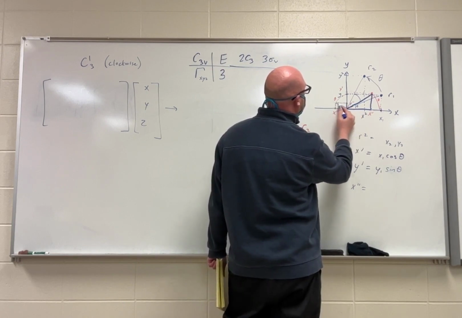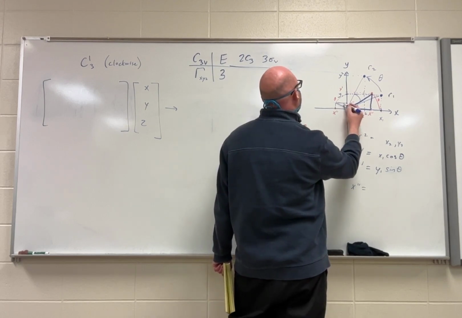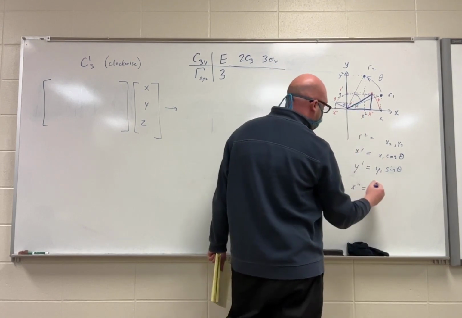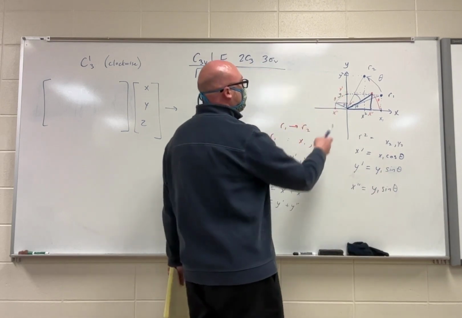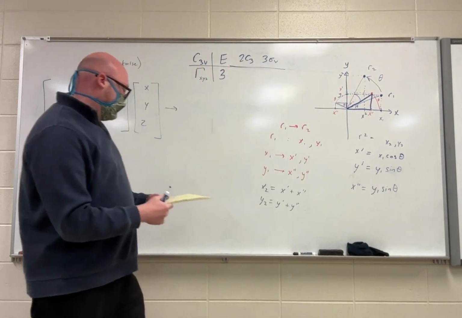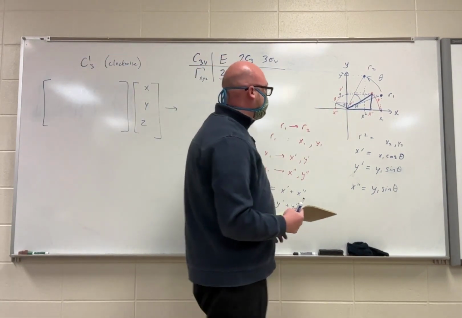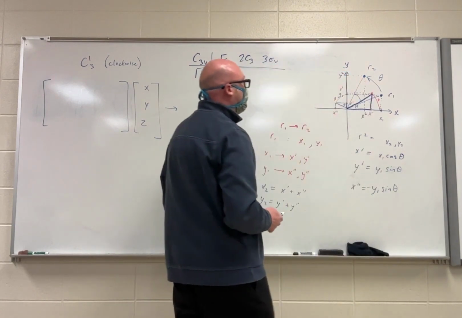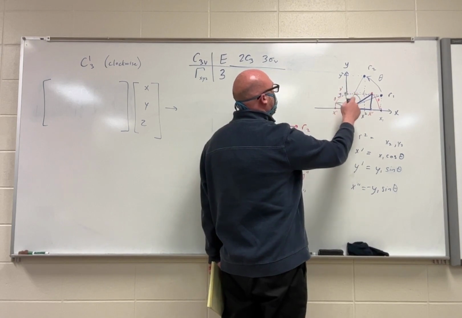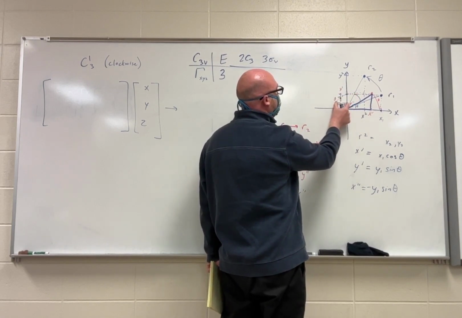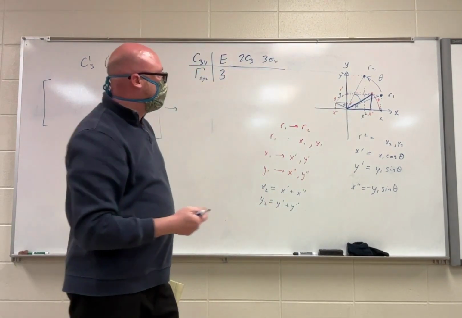And then I need to know this distance here, which is the same as this. So the x component is, if this is theta, then I need the sine of theta times y1. And notice that when I do this, I have a negative. I'm projecting on the negative side of the x-axis. Okay? So that y component, if I take the magnitude of sine theta, it gives me this distance, but I need to put a minus sign because I'm this side of the x-axis.